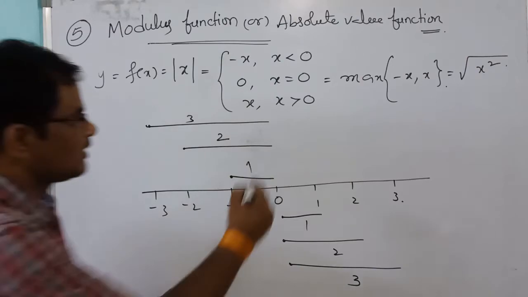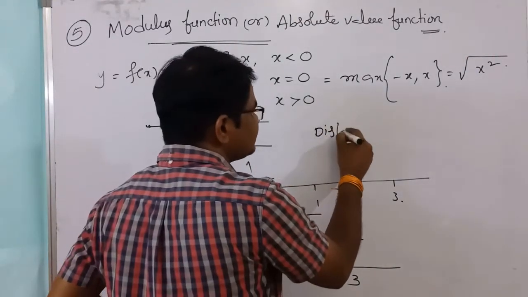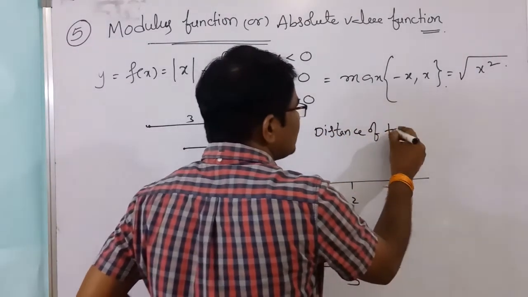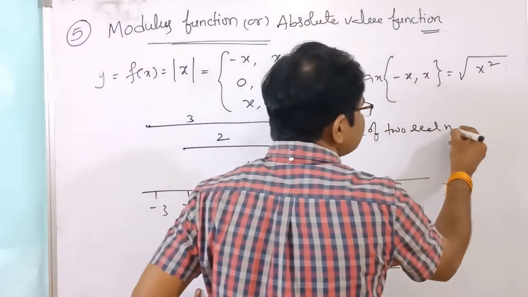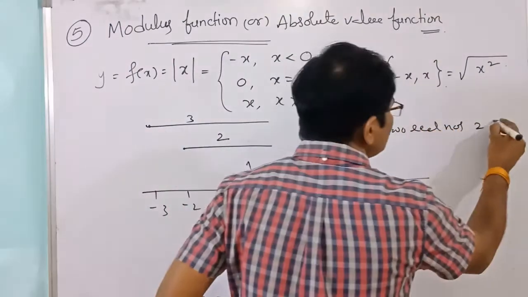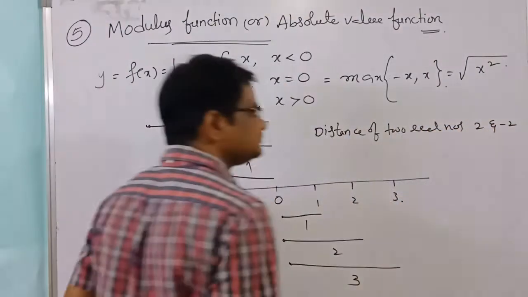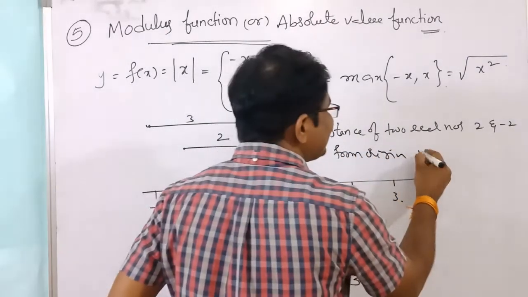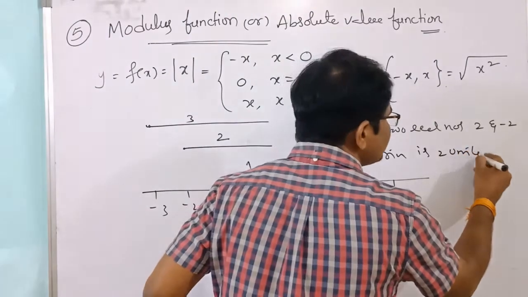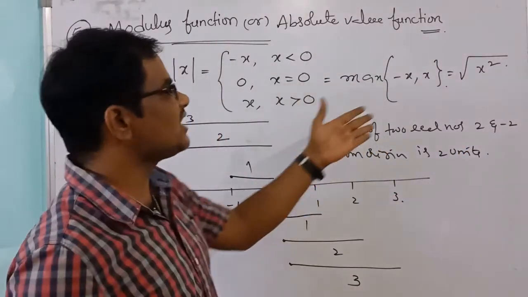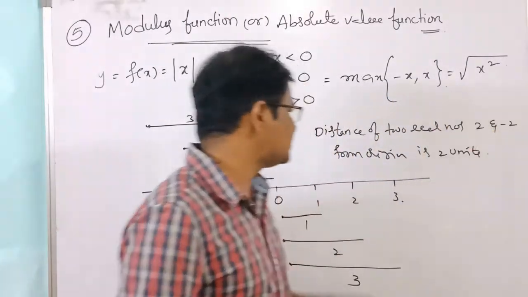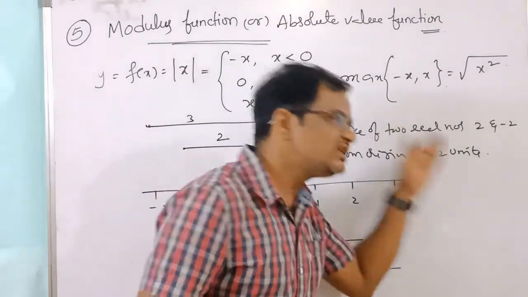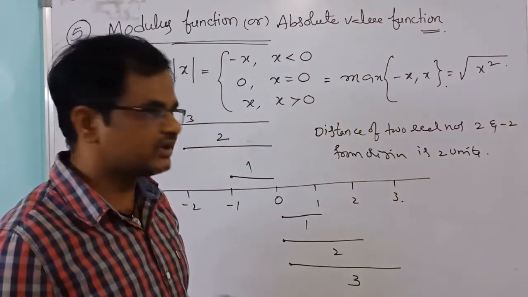Means the distance of two real numbers 2 and minus 2 from the origin is what? 2 units. Or the distance of two real numbers 3 and minus 3 from the origin is what? 3 units, like that. Okay.